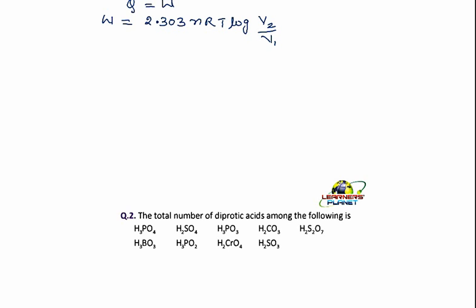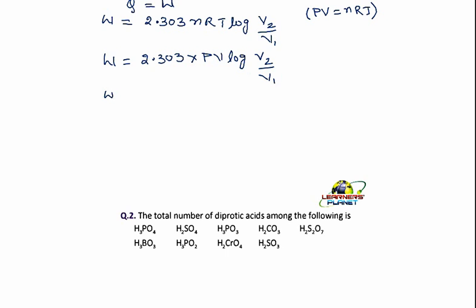Here it's isothermal, so whatever heat is given to the system is utilized for doing work, right? Now your W is equal to 2.303 into what? Your nRT can be written as PV, because PV is equal to nRT, the ideal gas equation, and that would be PV into log of V2 by V1.